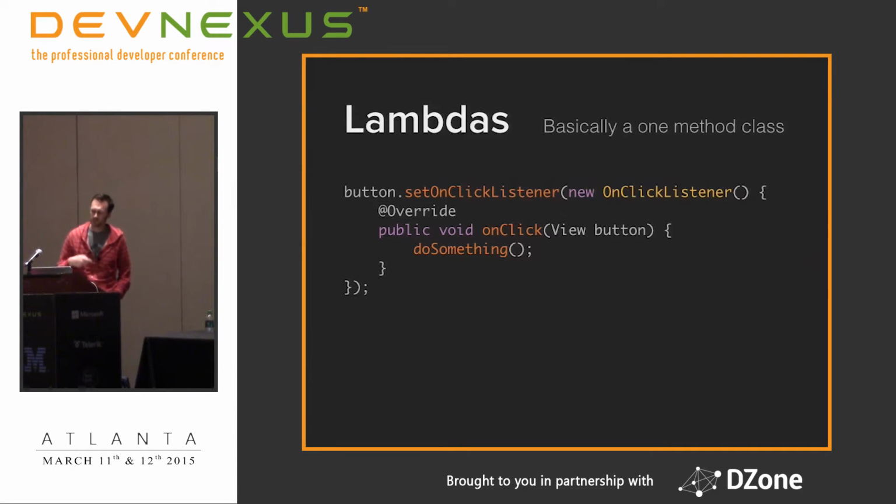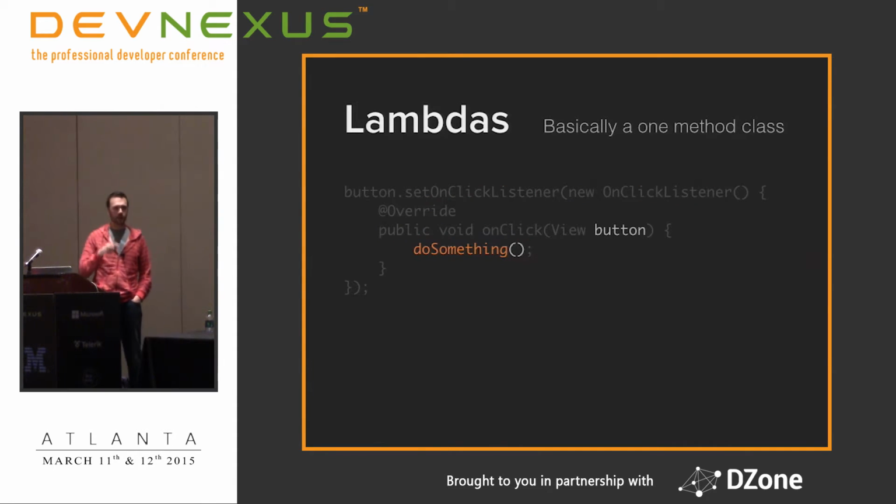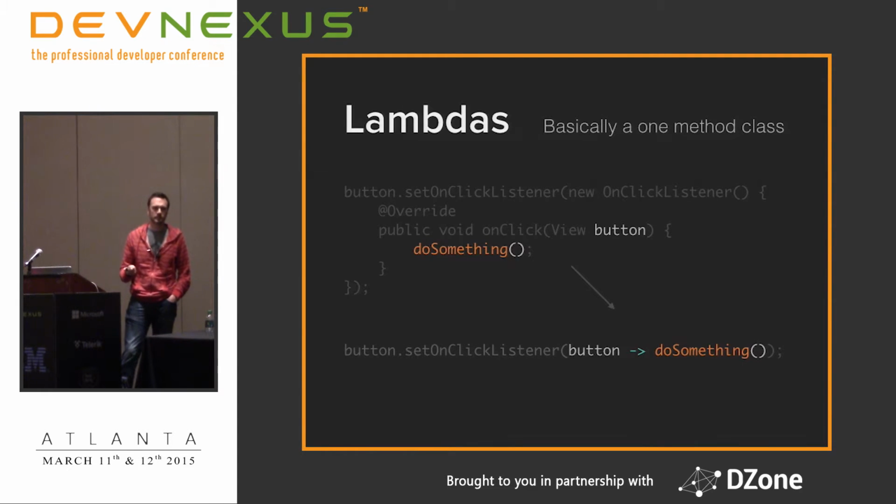You have a click listener, you have to create a new on-click listener, the anonymous inner class, and so on and so on. But really, all you care about is the fact that it's going to give you an instance of the button, and you're going to do something, may or may not be with the button. You can boil this down to a lambda. That's what a lambda essentially is: an anonymous inner class that has just one method.